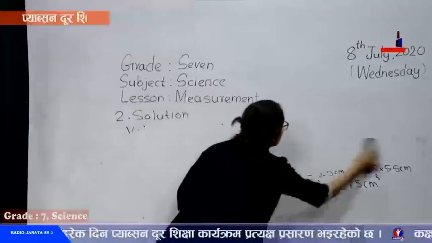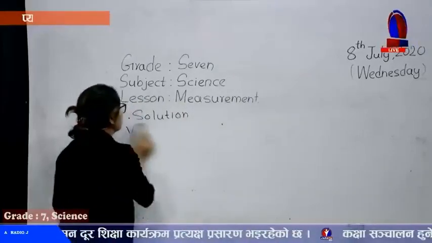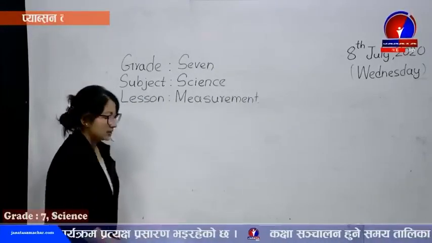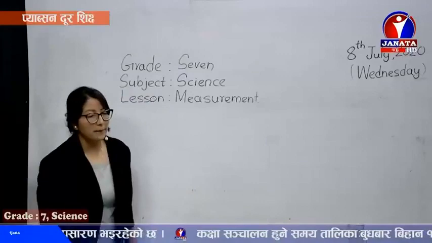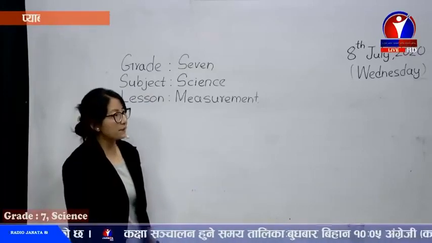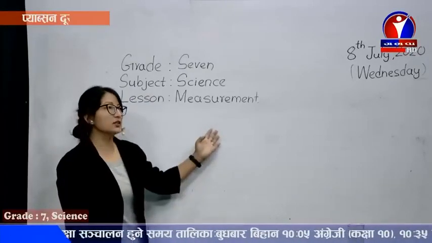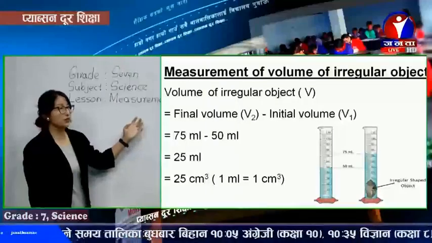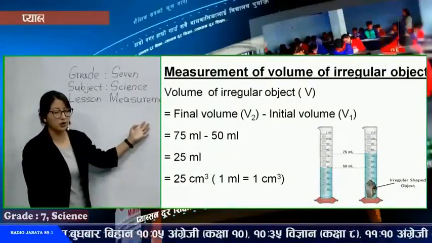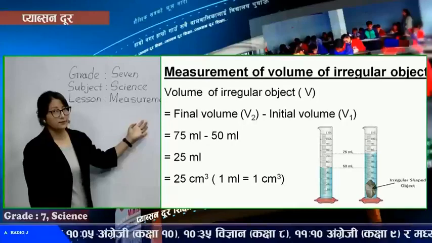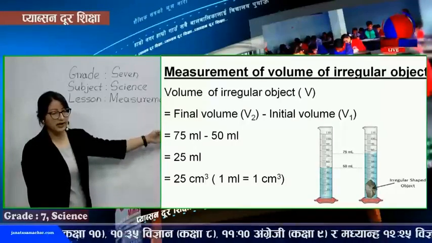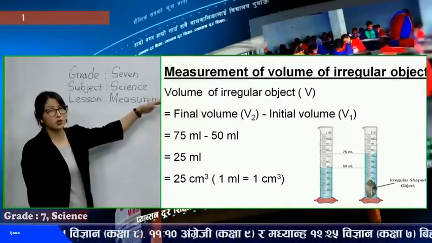It's being shown there, like the use of a measuring cylinder. You can easily see the measurement of volume of an irregular object. For this, first of all, we'll do it practically. First, we measure the initial volume of water. Then we dip a stone in it, and of course, the water level will rise.